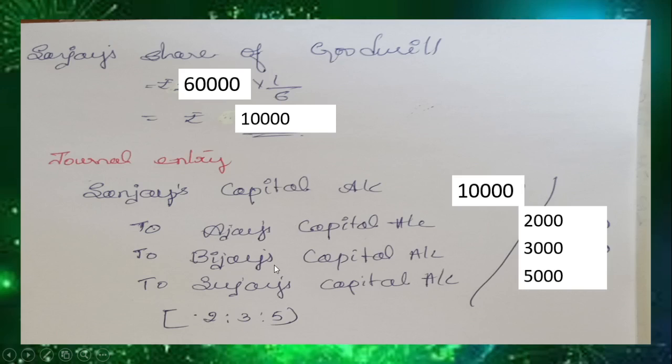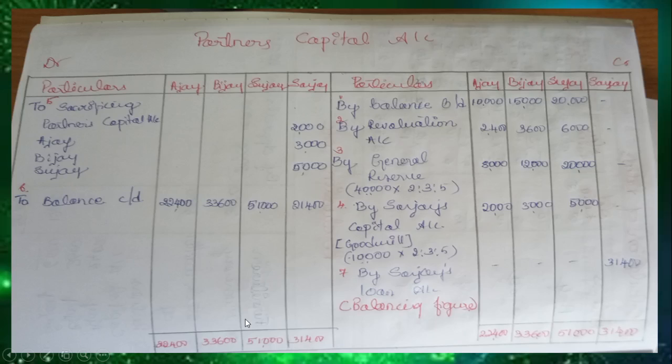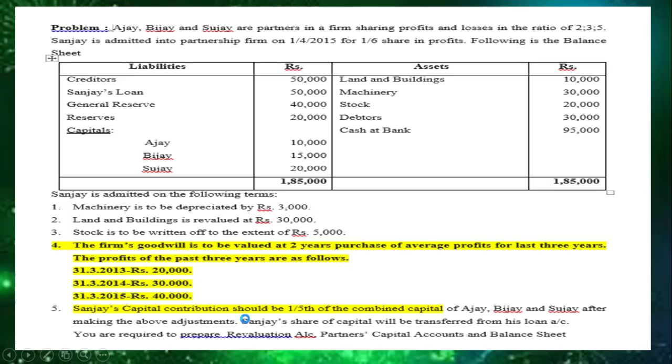We know the formula for goodwill revaluation, that is, the new partner's capital account debits to the old partners' capital account. Here we need to distribute the goodwill in their sacrifice ratio. You can see in this problem they have given two pieces of information: the old ratio and the new partner's share.